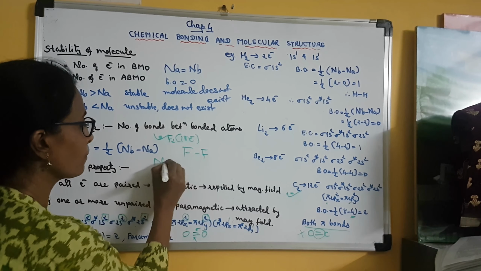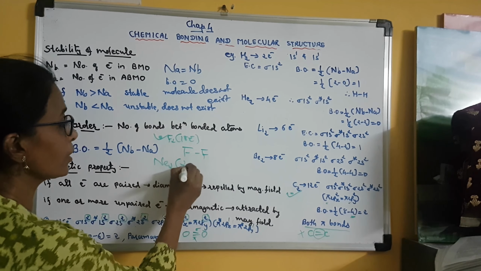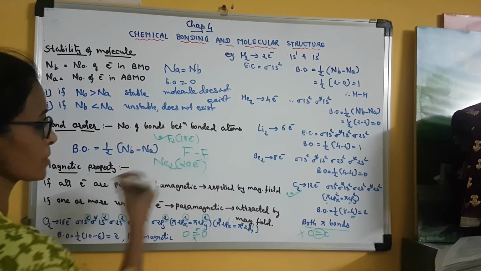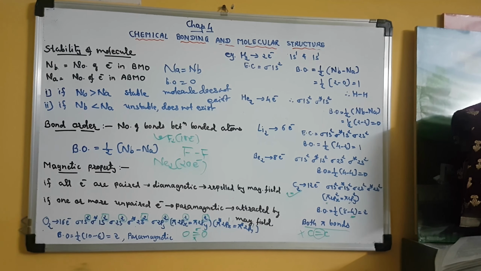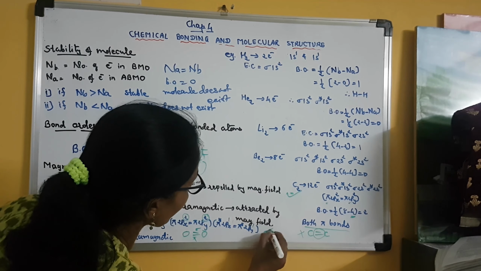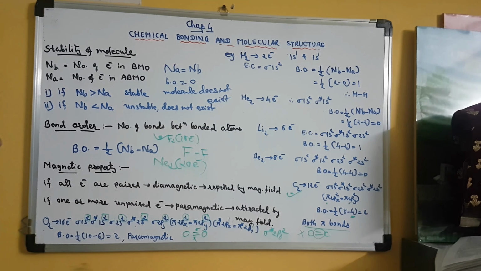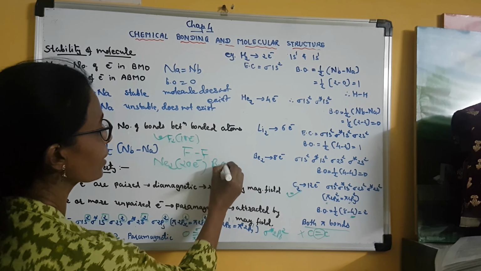Similarly, Ne2, neon, is also not given in the textbook, but in neon there will be 20 electrons. Clear? So 20 electrons means after this one more orbital will be there, and that will be sigma 2pz2. Clear? So all the electrons are filled up. In the case of neon, again the bond order will be 0.